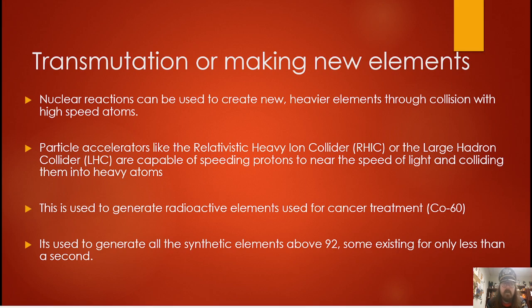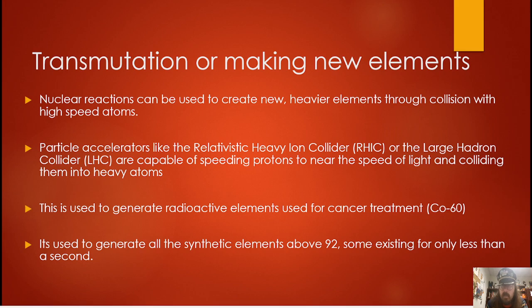Particle accelerators like the Relativistic Heavy Ion Collider or the Large Hadron Collider are capable of speeding up protons to near the speed of light. And once they slam into heavy atoms, they can potentially be absorbed into them and generate new radioactive elements.